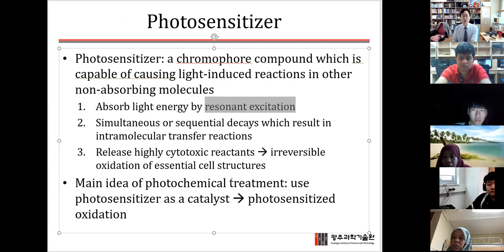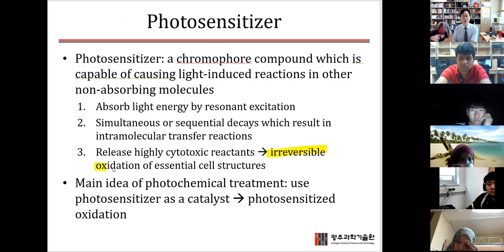And then after going through a few decay processes, it can release highly cytotoxic reactants, which are reactive oxygen species. Those ROS are going to cause irreversible oxidation for the surrounding cells. Since we are using photodynamic therapy for cancer treatment, those surrounding cells mean tumor cells.